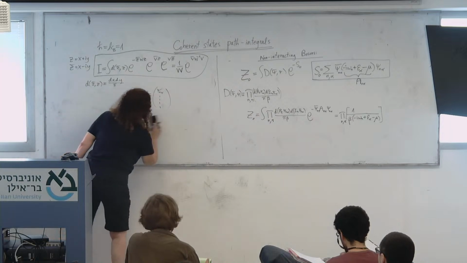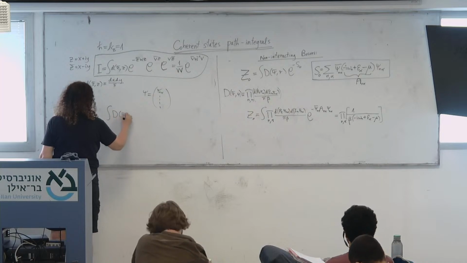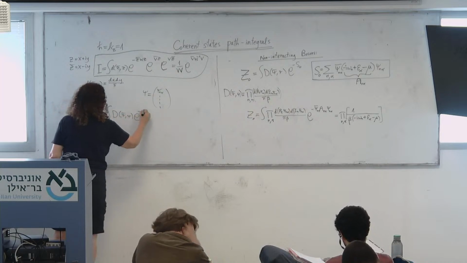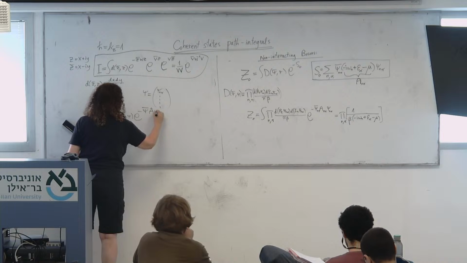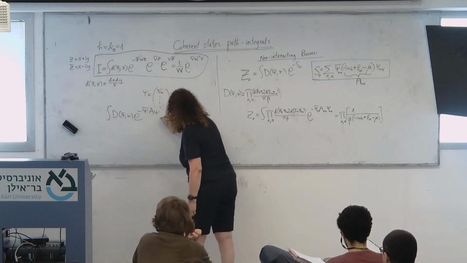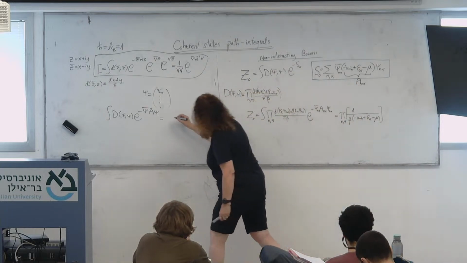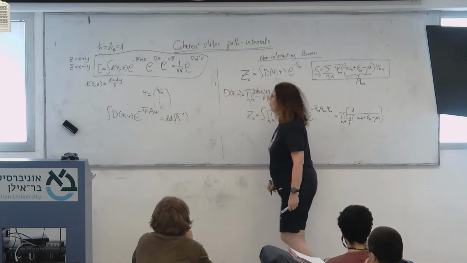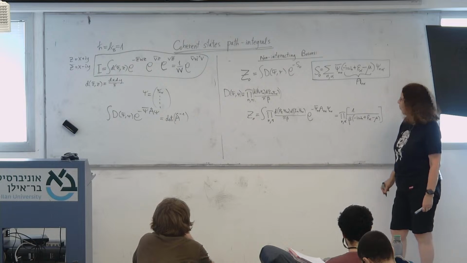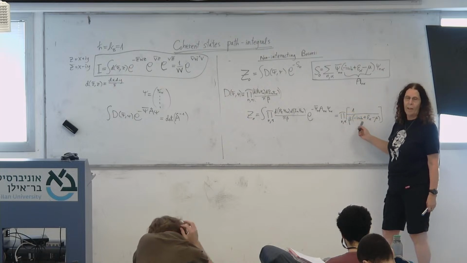Then the Gaussian integral of e to the minus psi bar A psi, where now A is a matrix, is given by the determinant of the inverse matrix.